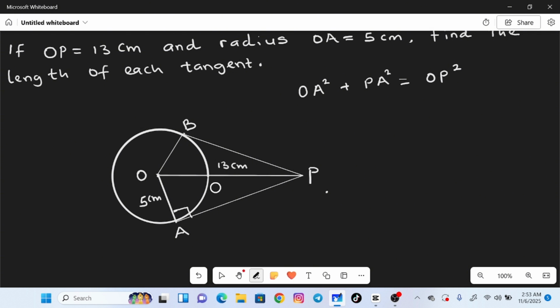And it is given to us that OA is 5 centimeter, OP is 13 centimeter.